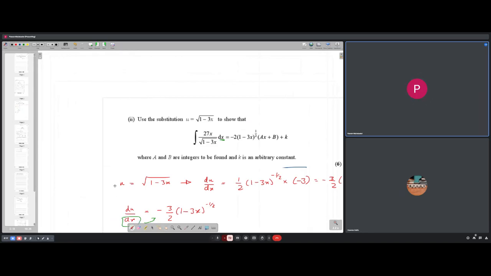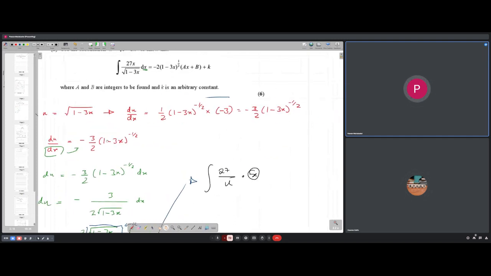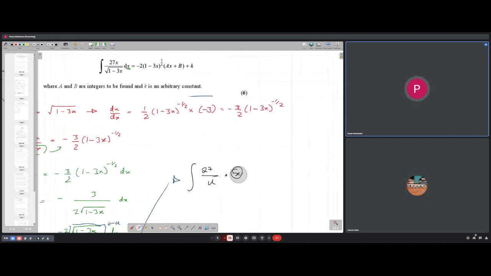So what we can do is we can try and make x a subject. So you got u squared is equal to 1 minus 3x. So x will just be 1 minus u squared all divided by 3. Does that make sense? So you got 27, and instead of x, you have 1 minus u squared all divided by 3.